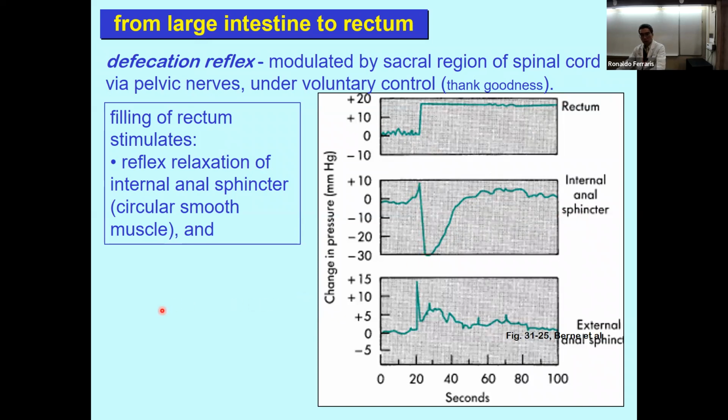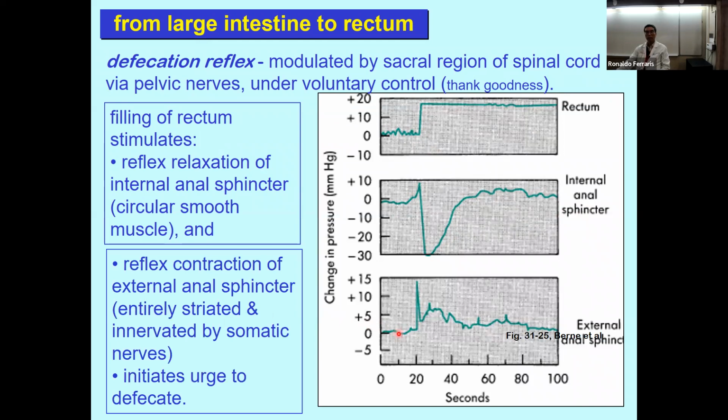Luckily for you, your external anal sphincter is under your control, because remember, the external anal sphincter is entirely striated and innervated by somatic nerves. You reflexively make sure that you are socially behaving well, and you prevent the contents of your rectum from spilling out in an area that is not appropriate.